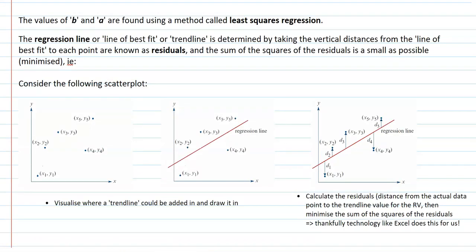The values of the slope and the y-intercept are found using a method called least squares regression, and we're going to have a look at how to calculate those a little later. But first we just need to talk about this regression line.